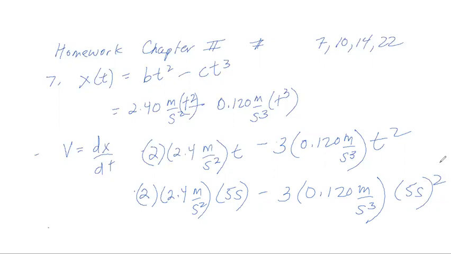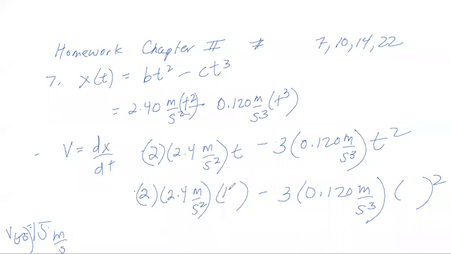And our value is going to be 15 meters per second. And that's v at t equals 5. Okay, and finally, I have to find this for t equals 10, so I'm just going to change these to 10 here and here.